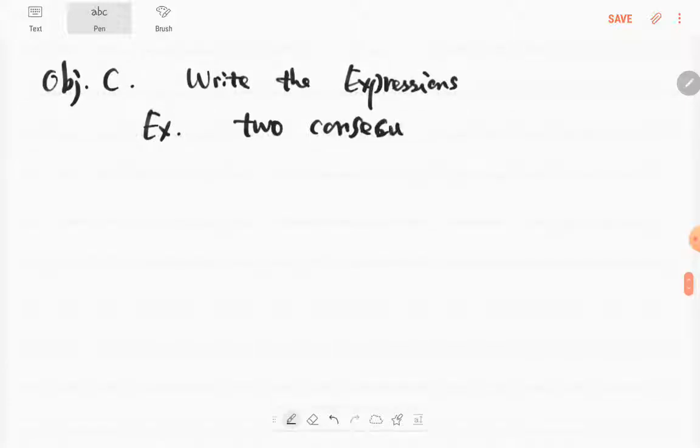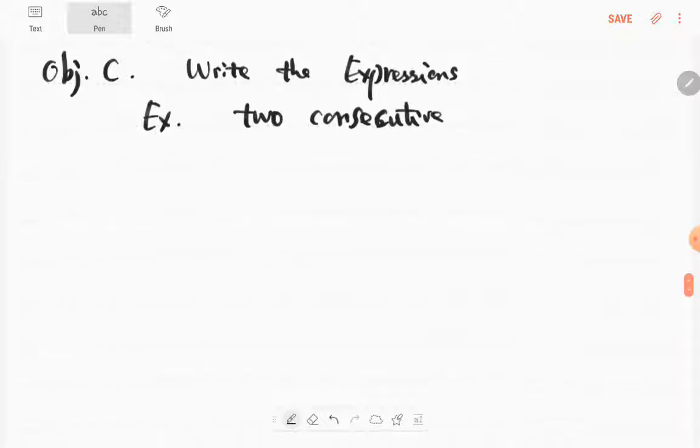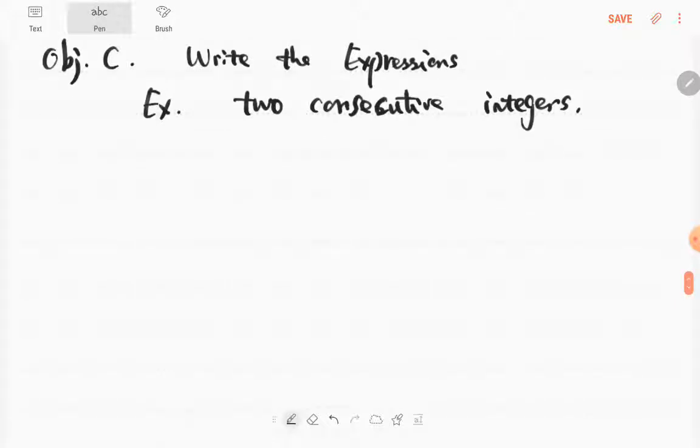We have 2 consecutive integers. And x is the first one.